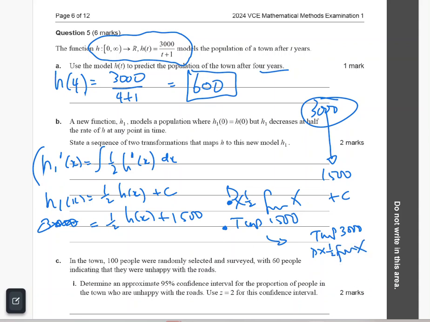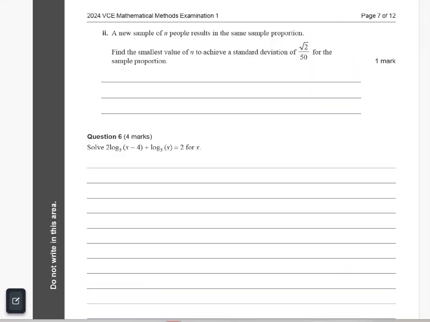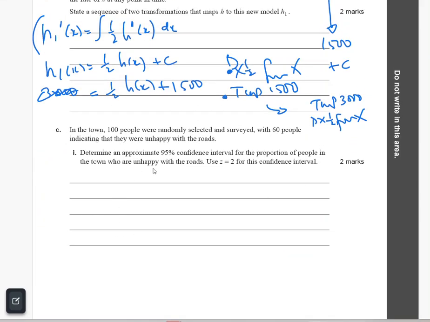And the next question is, in a town of 100, where x was 60, so n is 100, x is 60, so p hat is going to be 60 on 100, or 3/5. 95% confidence interval, use 2.